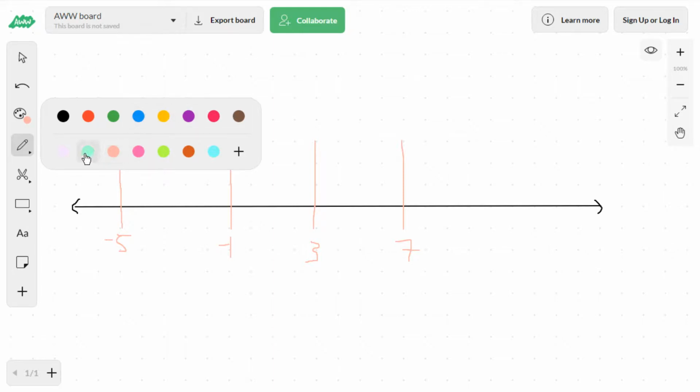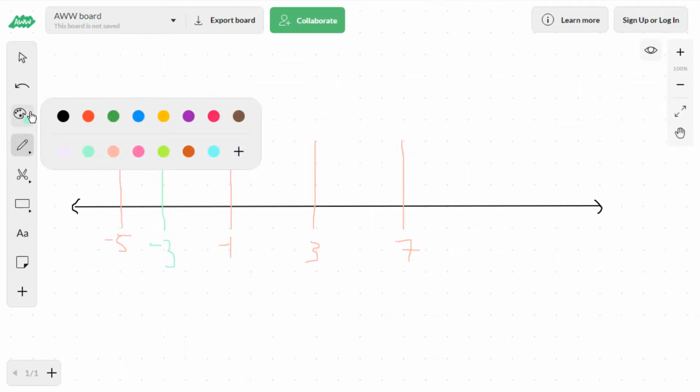And here, I'll use this color. Basically the idea is that for any number we're picking here, for our x, let's say we chose an x value that's here, -3. So what we want to tell is what's the total distance from this number to all the other ones over here.